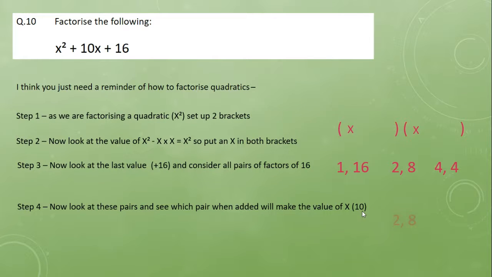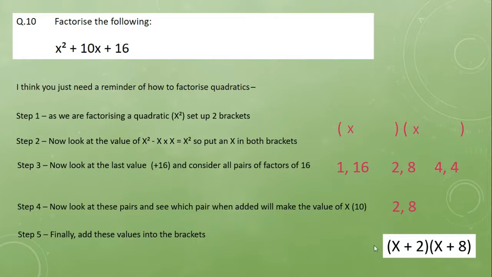So our final step is to put those into the brackets. So we put the 2 in the one bracket and the 8 in the other, and then we could do a quick check at the end to see if we've got it right. X times x is x squared, x times 8 is 8x, 2 times x is 2x, so 8x plus 2x is 10x, and 2 times 8 is 16. So we can do a check to make sure.